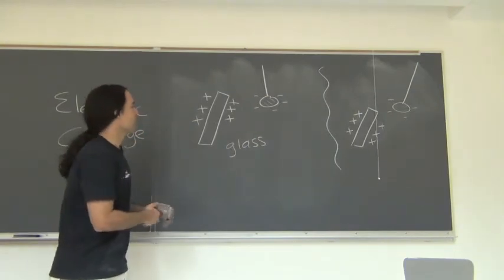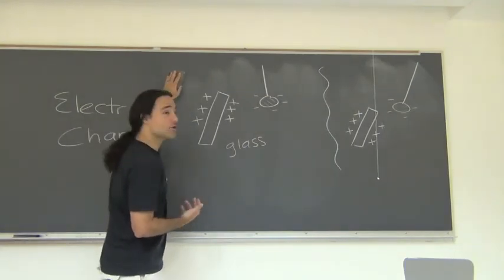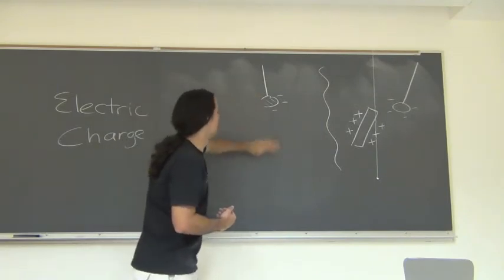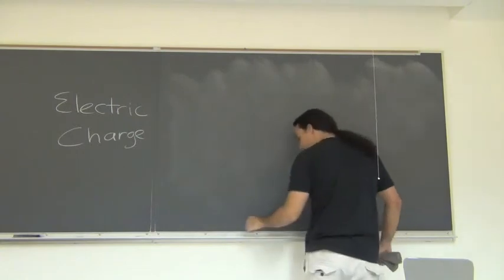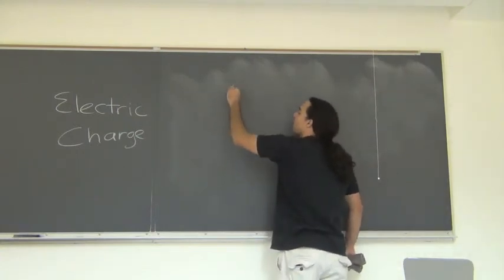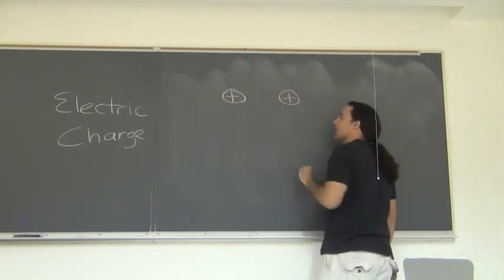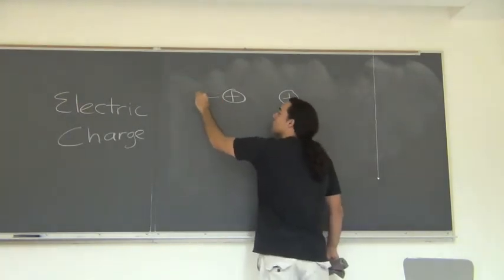So what we can say about this is, given the two types of charges we've discovered, there are really three types of interactions. I could have two positive charges brought together. In that case, they would repel each other.